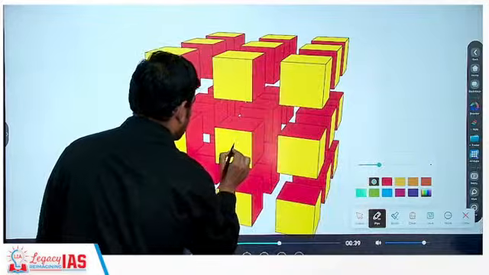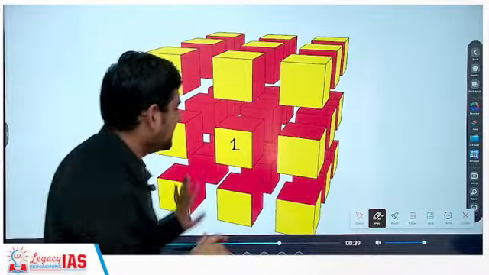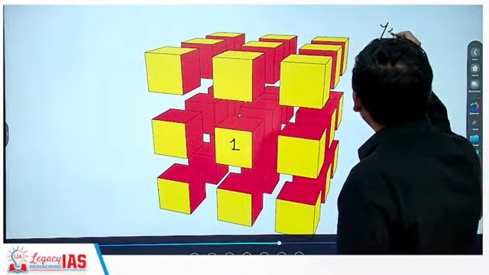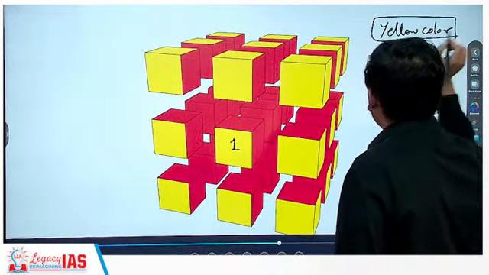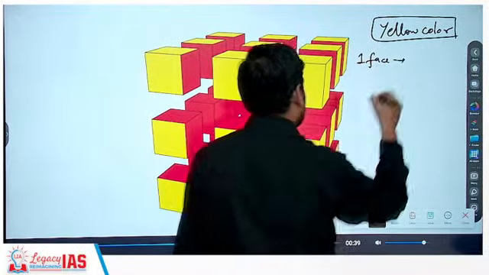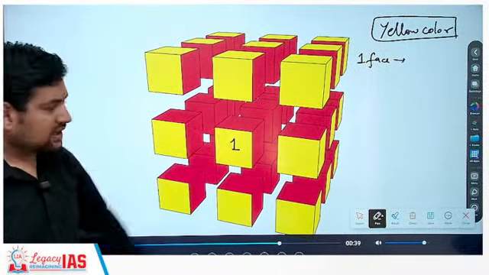Can you see it has only one side yellow color? Correct? Let's say I'm just forgetting red for now. I'm only talking about yellow color. Now how many of them have one face yellow color? One face yellow color, I can see here. Correct? So this is one face yellow color.